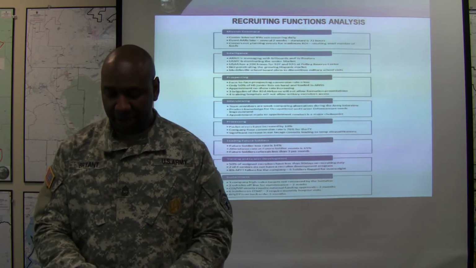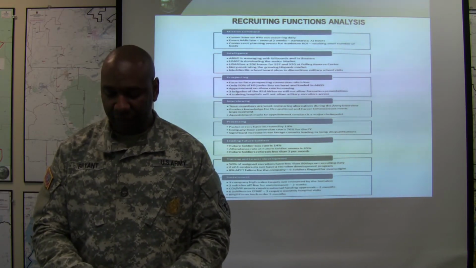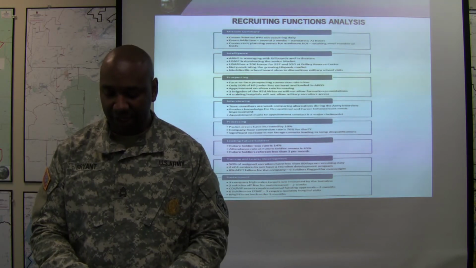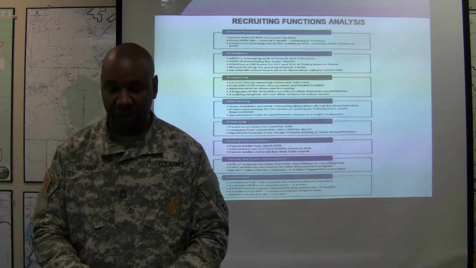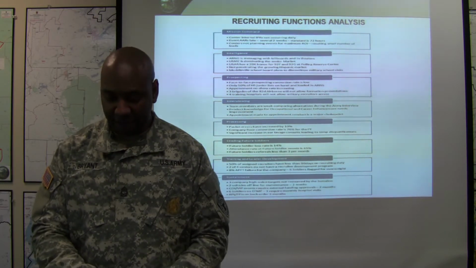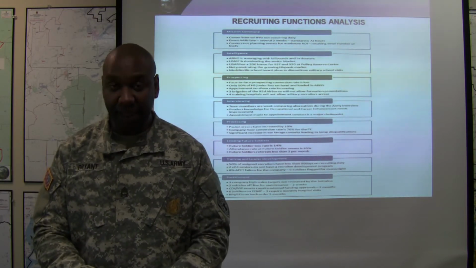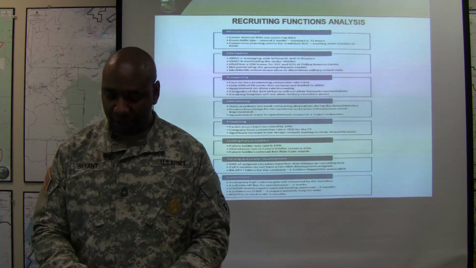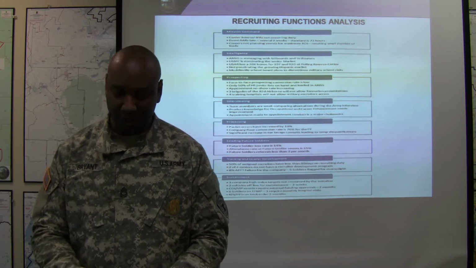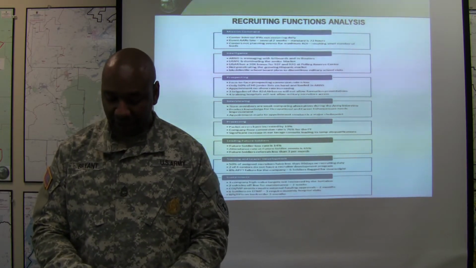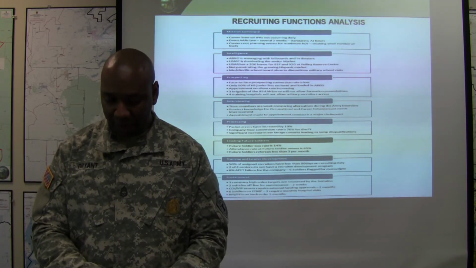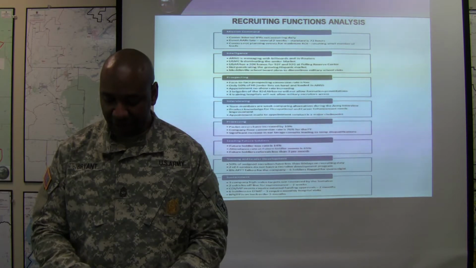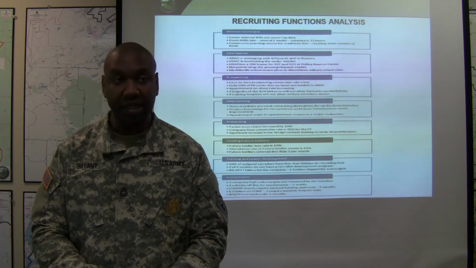Commanders at all levels use the recruiting function analysis to identify trends, gaps, and other obstacles that threaten the unit's ability to accomplish the recruiting mission. The RFA provides center leaders with a systematic method to assess the center's performance for each of the eight recruiting functions. When used effectively, the RFA enables a center leader to identify risk and choke points that degrade the effectiveness of the center and to determine training needs.